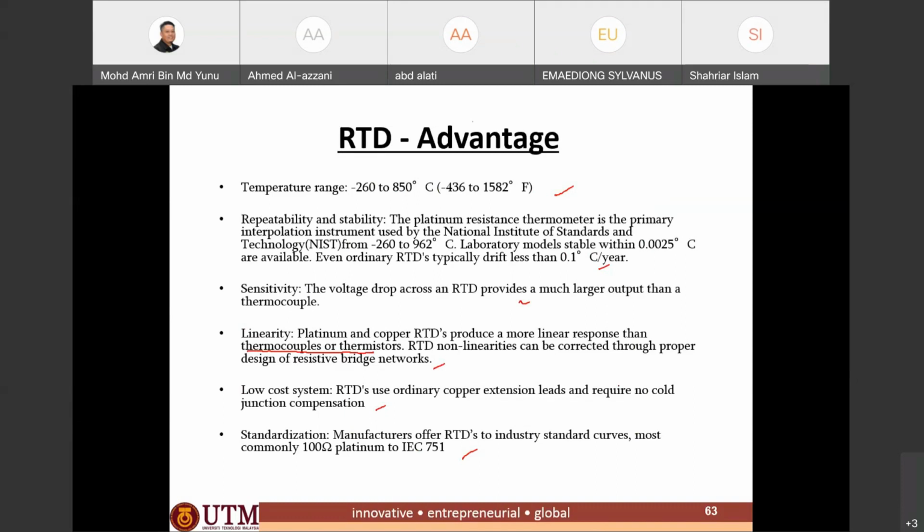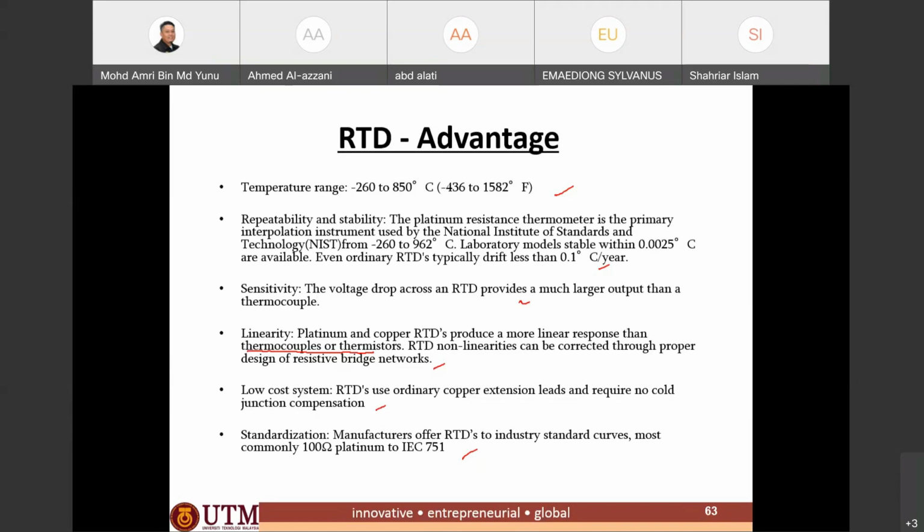But the thermistor is for a different application. Linearity is much better as compared to thermocouple and thermistor. The linearity can be further improved by using a proper signal conditioning method. And in terms of cost, it's cost effective.